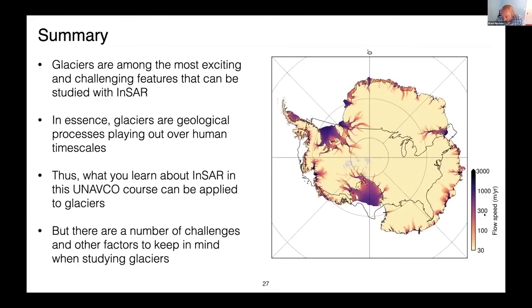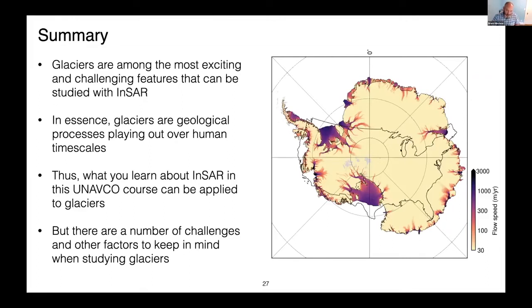But in essence, we've gotten to this point where we can start to map out these huge flow features across the entire continent of Antarctica. So this is basically a redo of the Rignot et al. map that I showed earlier. It piles a lot more data in, but really emphasizes, I think, the nature of the streaming flow that we observe in Antarctica. And we have a map of the continental US on the back to give you the sense of scale.